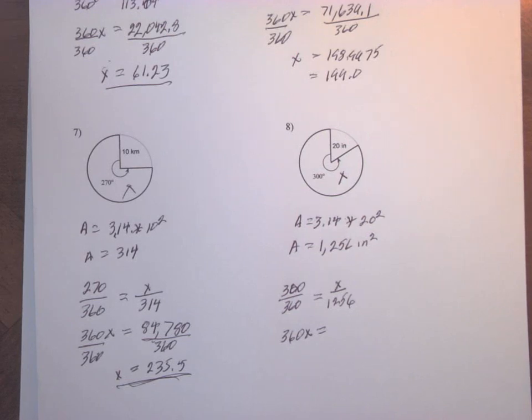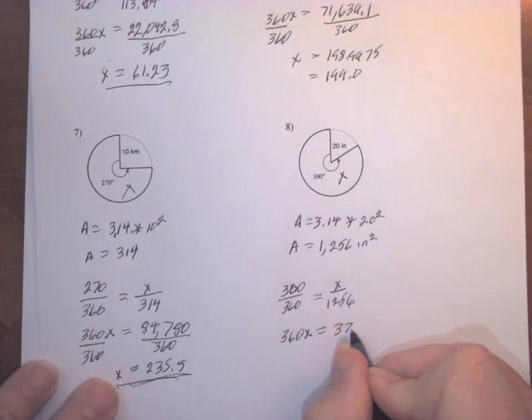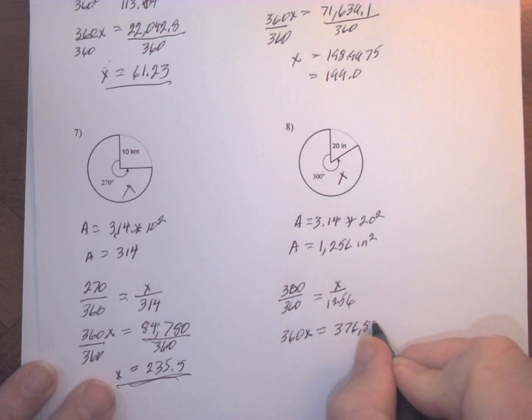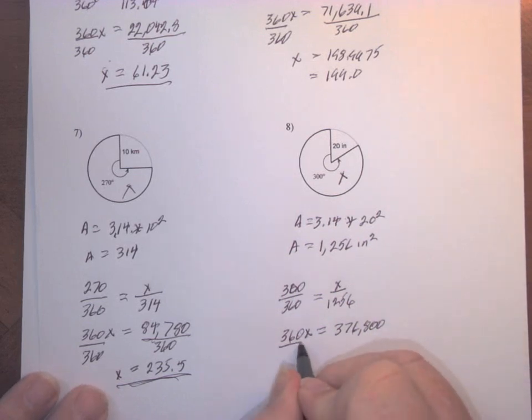300 times 1,256 is 376,800. See, it's a god-awful big number, but we knock it down and divide it by 360 here.